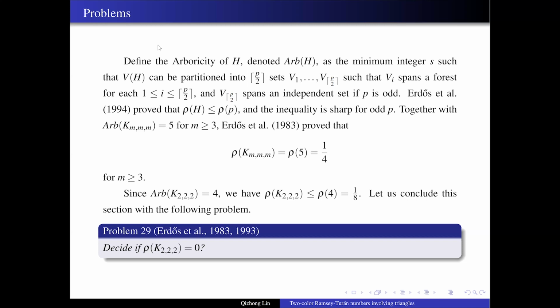And if P is odd, then the last set spans an independent set. Erdős proved that rho H should be no more than rho K_P. And in particular, the inequality is sharp for odd P.